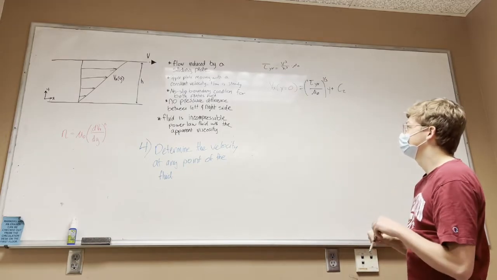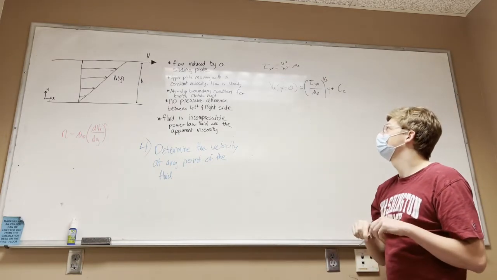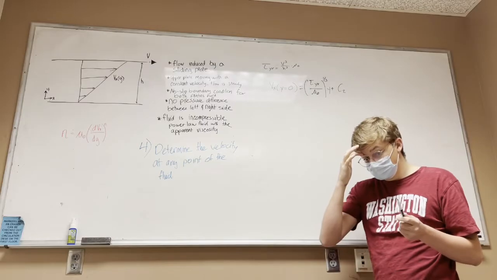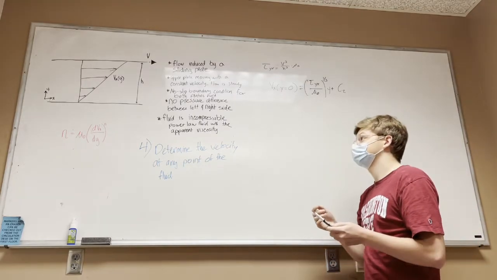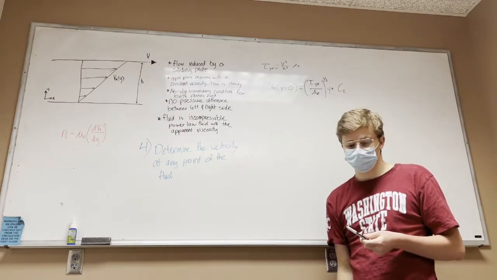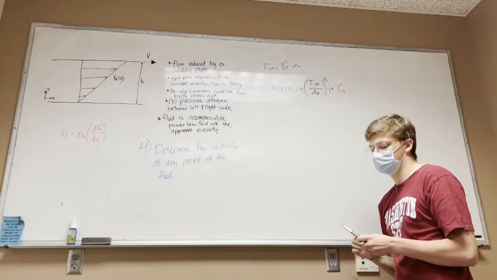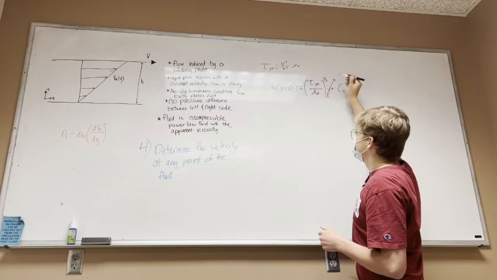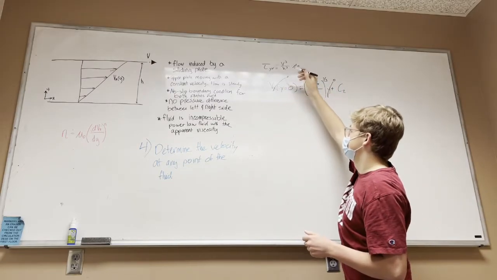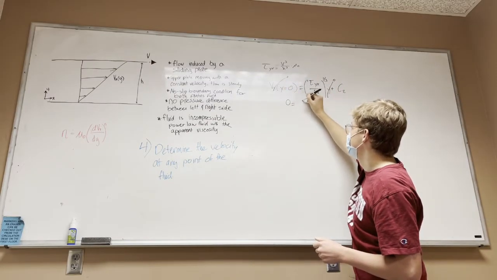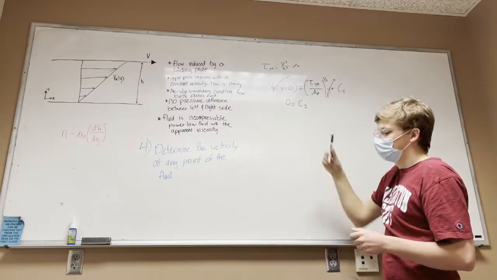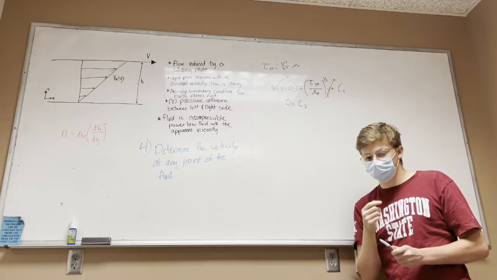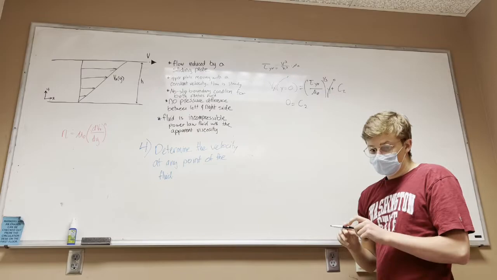So we're going to use this boundary condition at y equals 0. We also know that the velocity is equal to 0, and that is just what a no-slip boundary condition is. So we know that this term goes to 0, that term goes to 0. So we know c2, our constant from integration earlier, is equal to 0.